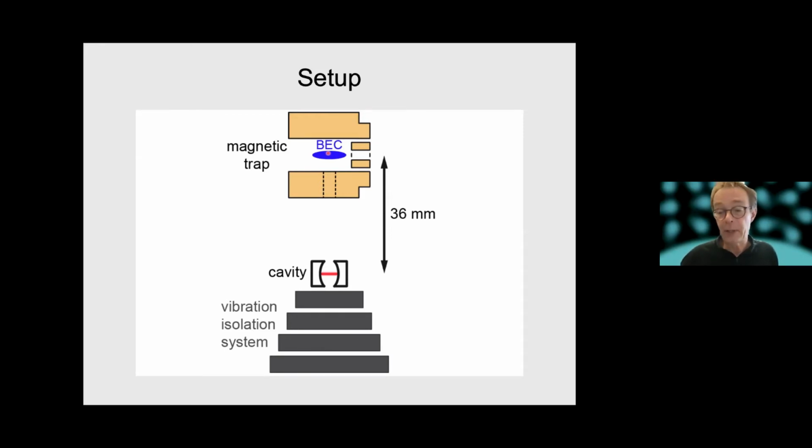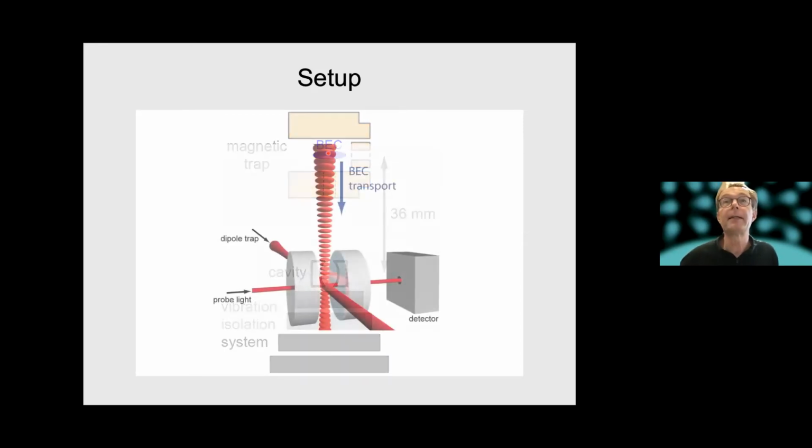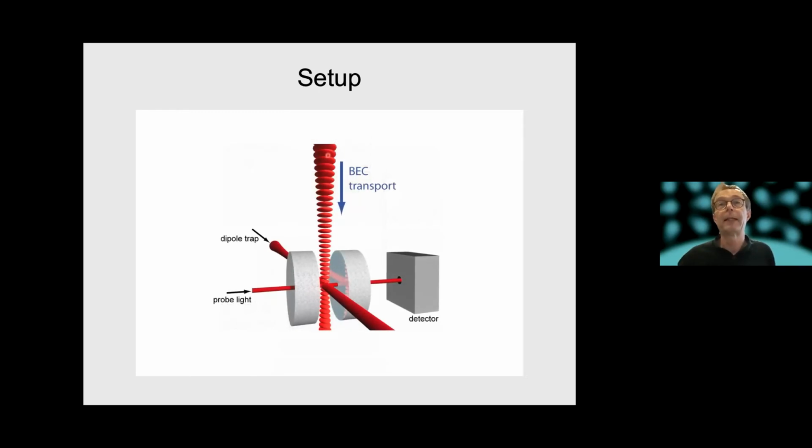And this Bose-Einstein condensate is then transported in a moving standing wave into this cavity. And remember, the distance between the mirrors was just 180 micrometers. So the focus of this is right in the cavity. And then it's loaded inside the cavity into a dipole trap. And then all the lasers are applied.